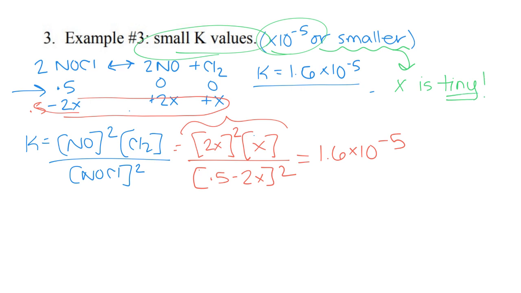So since X is a super small number, what you can do is cross out any X value that is added or subtracted.